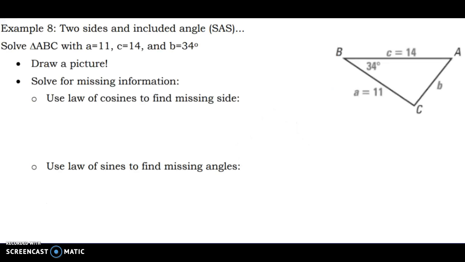For example 8, we're given two sides and the included angle, so here I have side, angle, side. First things first, you should draw a picture, and then we're going to find b by using law of cosines.